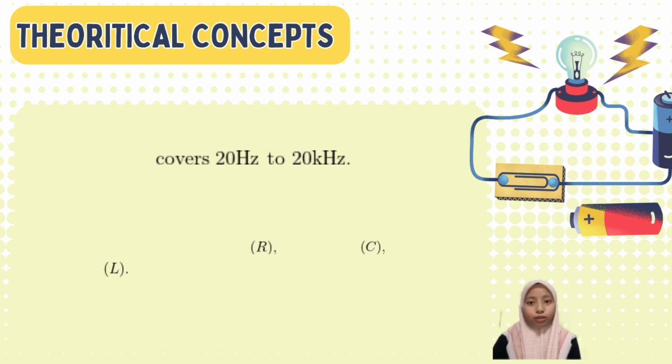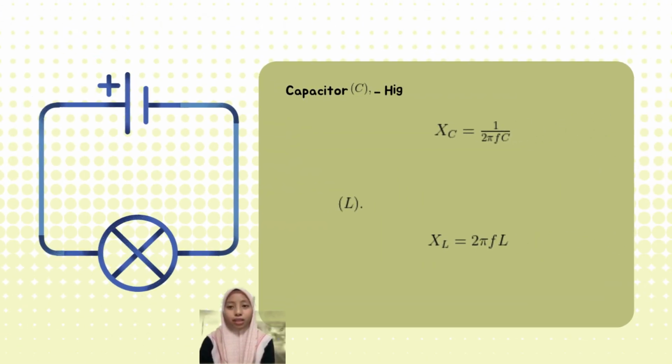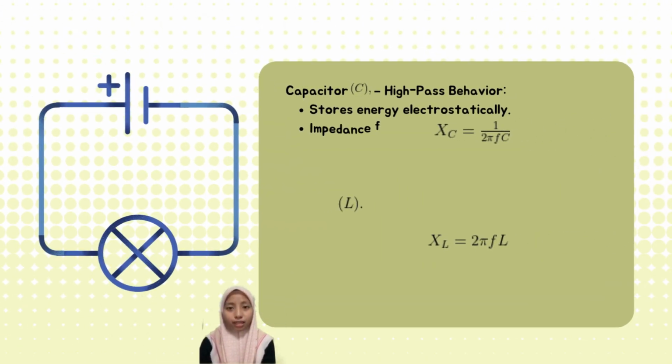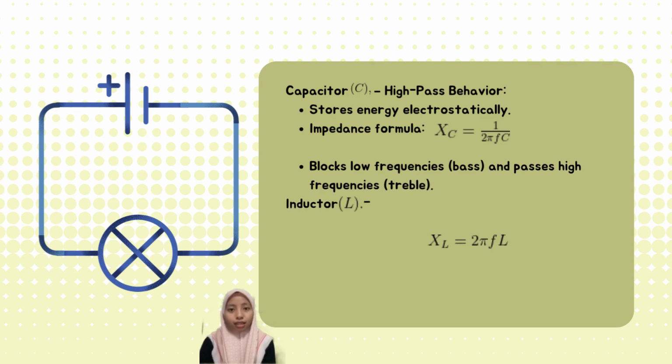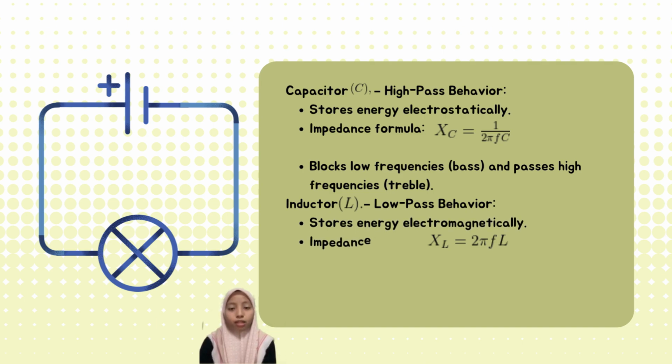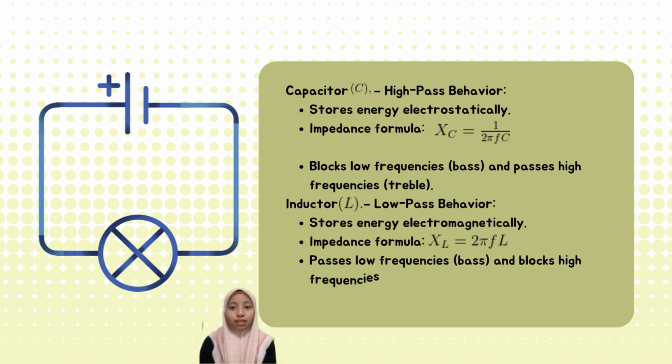Moving to component theory, filters rely on frequency-dependent reactance. Capacitors store energy electrostatically. As frequency increases, their reactance drops, allowing high-frequency signals to pass while blocking low-frequency signals. Inductors store energy electromagnetically.